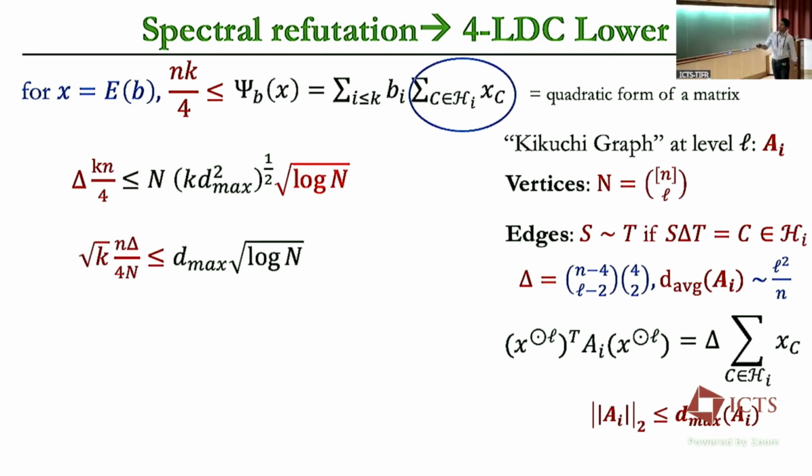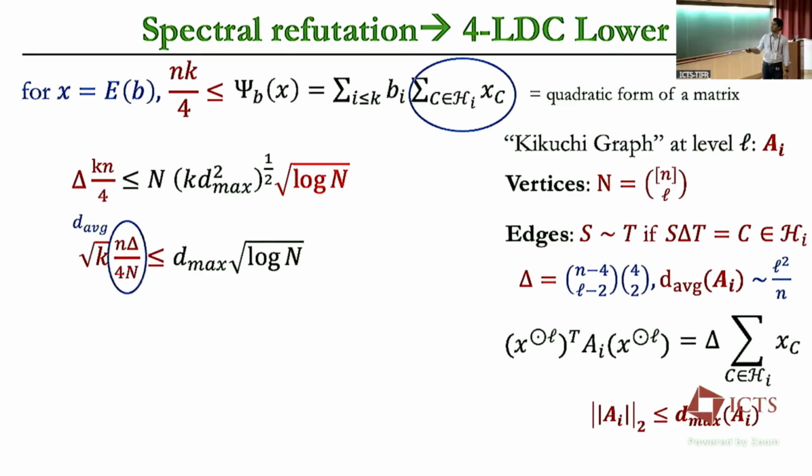All I did here is cancel the square root k, and take this capital N to the other side. Why am I doing this? Remember in the two applications we saw before, we arranged an expression to get d average out. That's what I'm doing here. All manipulations are the analogs of the manipulations we did earlier. We're going to observe that this is d average. Why is this d average?